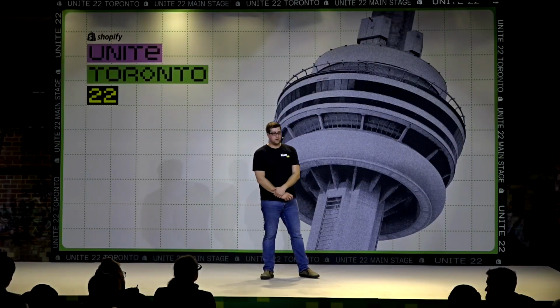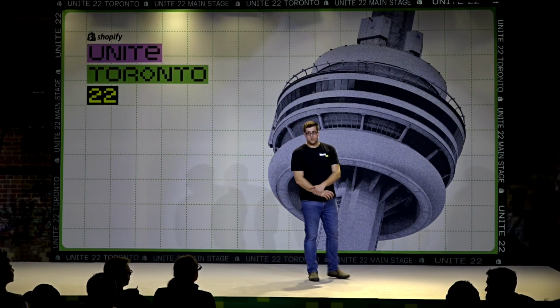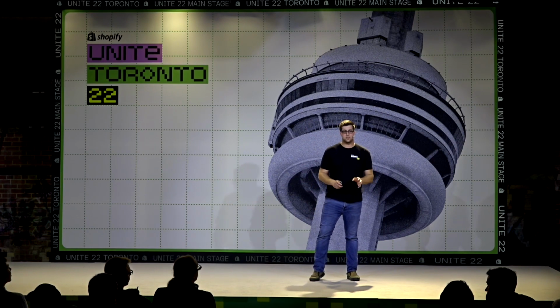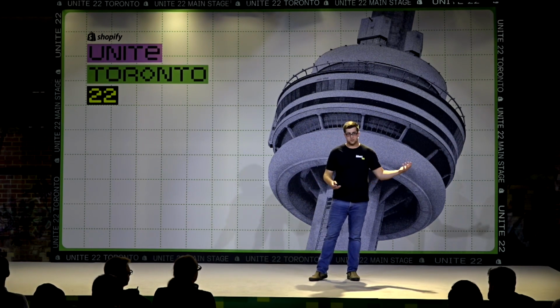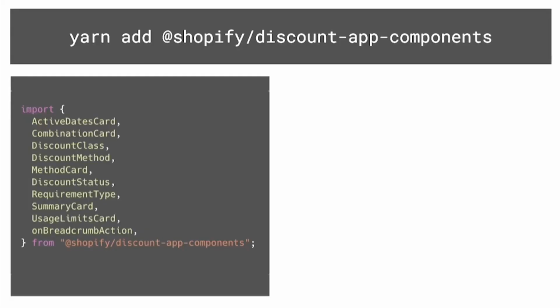So with an app, you're typically building your user interface out of React. Each type of function that we've GA'd so far, just the discounts one, includes a set of React components that you can install, that you can then leverage in your app when you're building it.